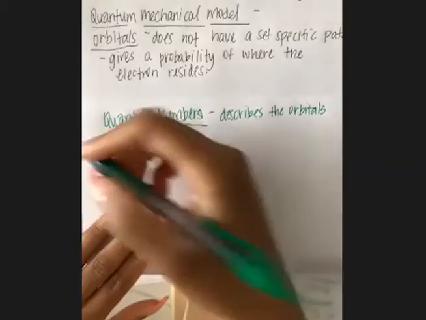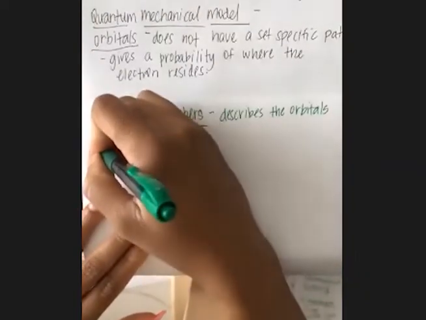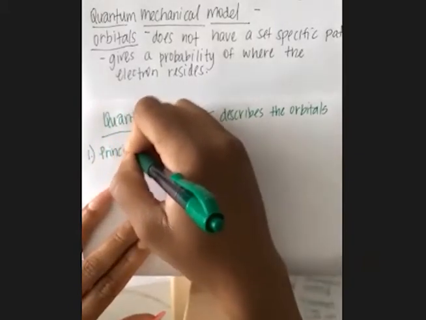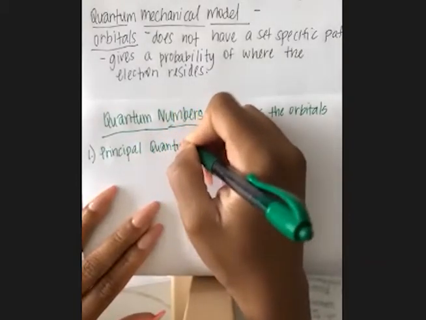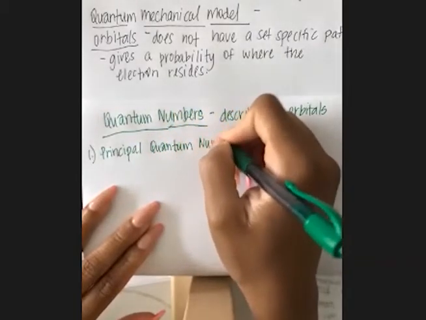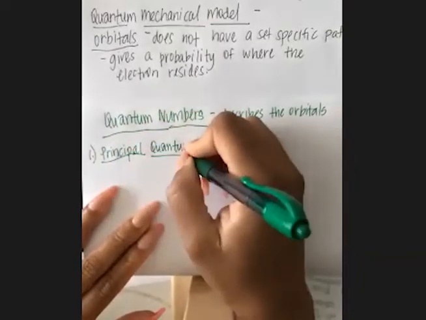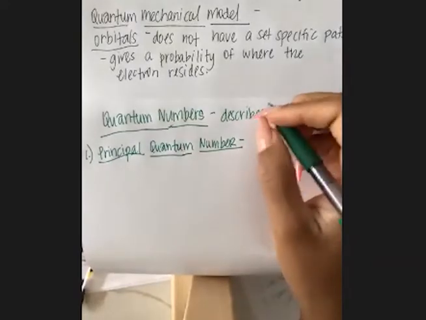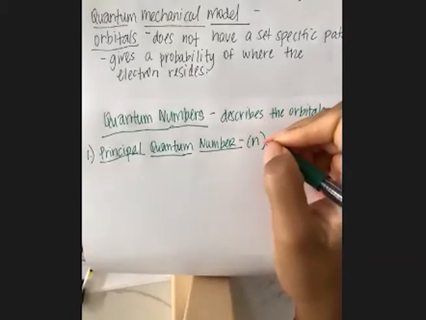So the 2 quantum numbers I want to talk about, the first one is the principal quantum number. The principal quantum number is given by the letter n. It's a lowercase n.